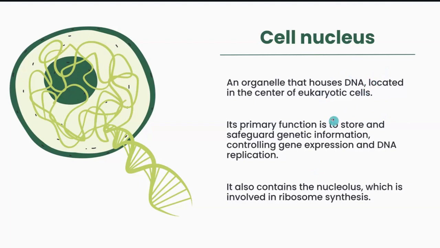I know you guys probably don't know what eukaryotic means, but we're going to get into that a little later in the presentation because there are two different types of cells that we're going to be talking about. But regardless, it functions basically as the brain of the cell. It holds the DNA, and its primary function is to safeguard it, to protect it.